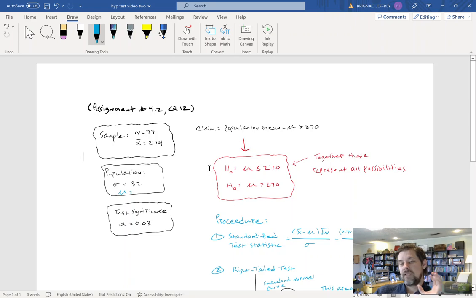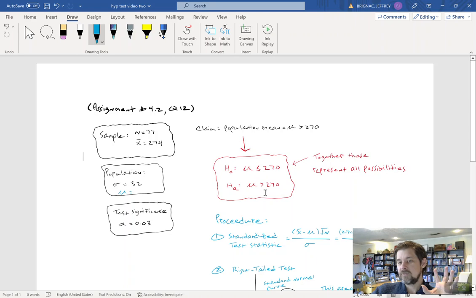In any hypothesis testing scenario, we have a null hypothesis, which is H subscript 0, sometimes called H naught, and then there's the alternative hypothesis, H subscript A. H naught will always involve the equal sign, and these two together represent all possibilities. One of them will be explicitly given in the question somehow. So when it was explicitly given that we think the population mean is more than 270, the alternate hypothesis was given in that statement.